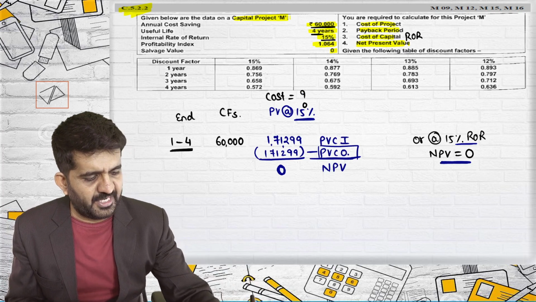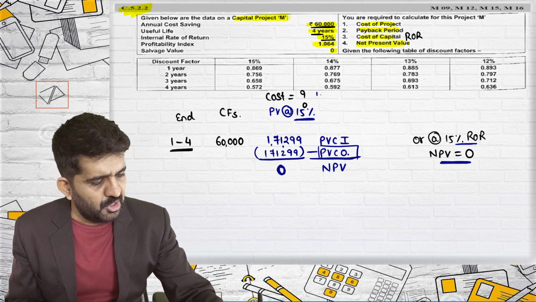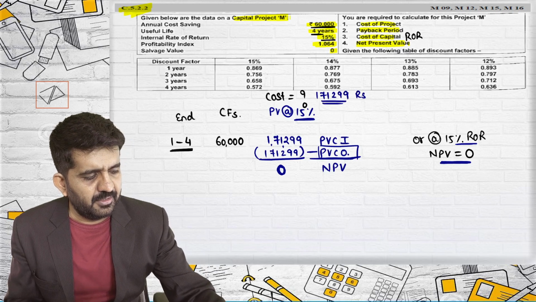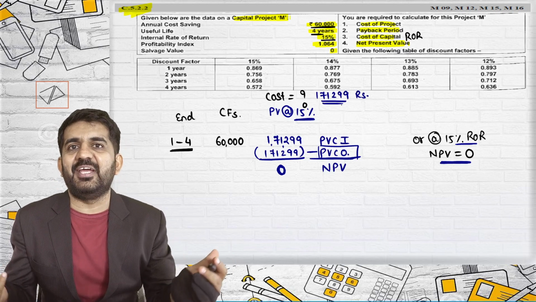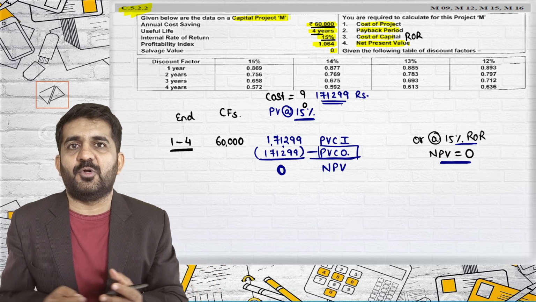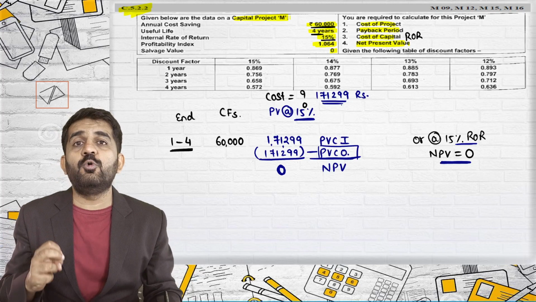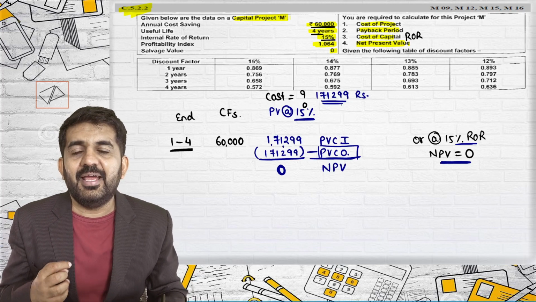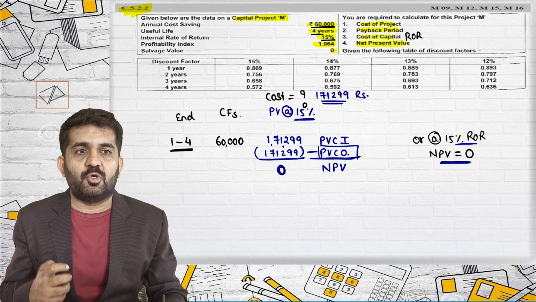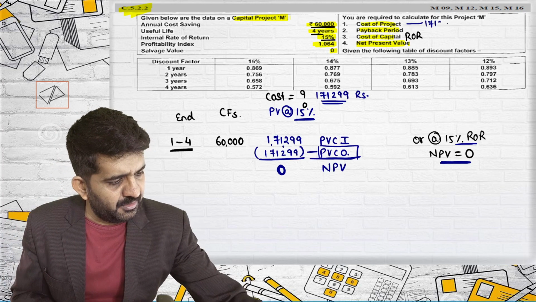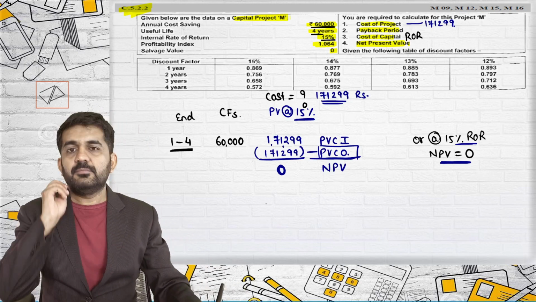Present value of cash outflow is nothing but cost, which is 171,299 rupees. See, in a weird way, they are not telling you the cost of project. They have given you cash flow and IRR, and they are telling you to find the cost of the project. Cost of the project is 171,299.